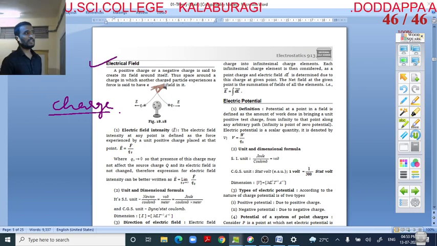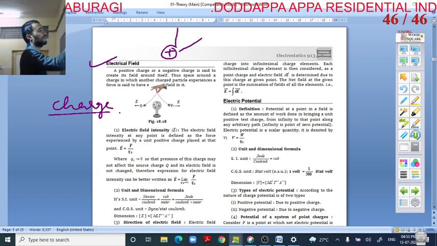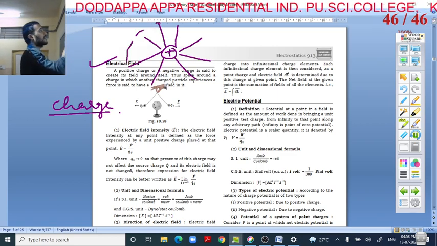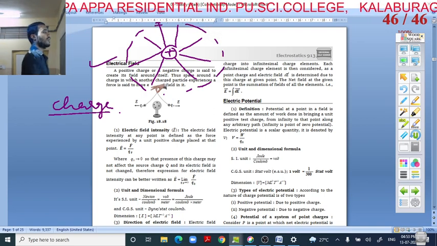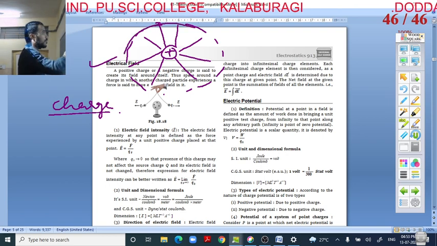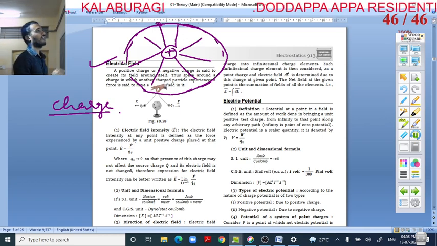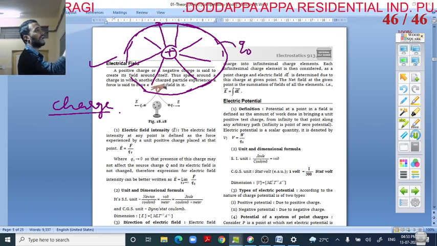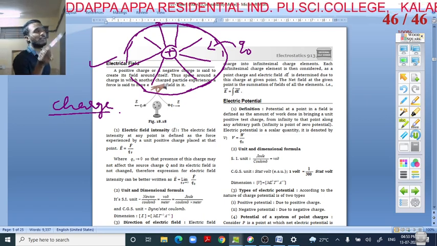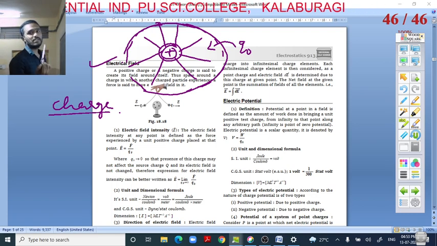Electric field. If a charge exerts a force around it up to a certain region, this zone I will call a field, or electric field. If any new charge enters this field, this charge will experience a force due to the source charge; otherwise it will not.